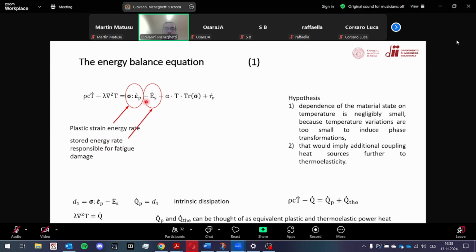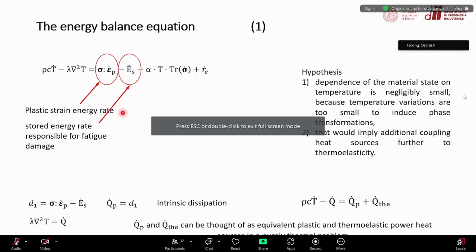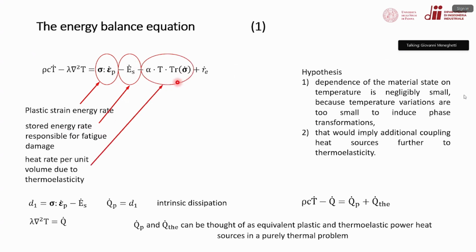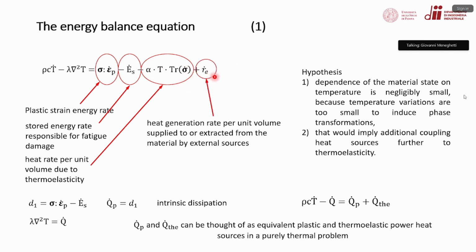Inside this term we have also the stored energy responsible for fatigue damage. Then we have the heat rate due to thermal elasticity and the contribution of the external heat sources which can supply or subtract some thermal energy.